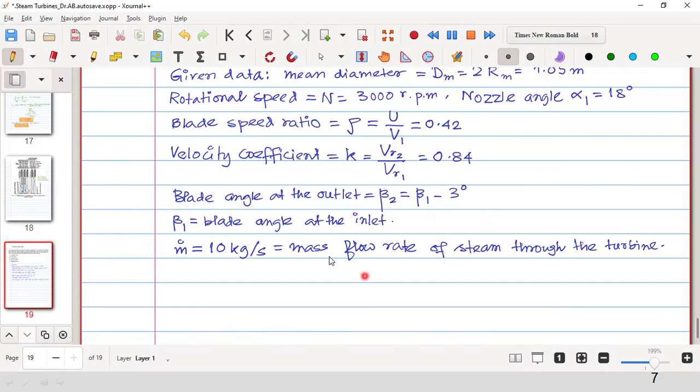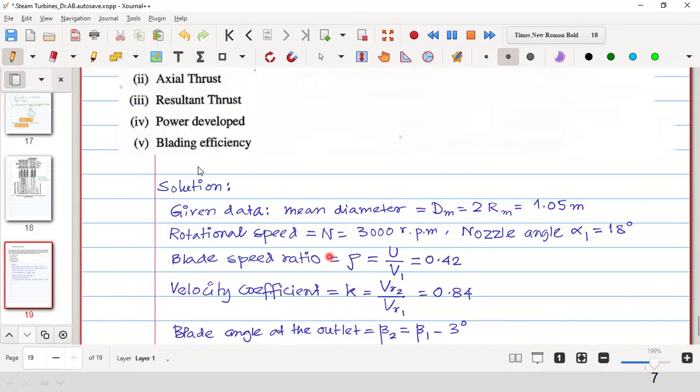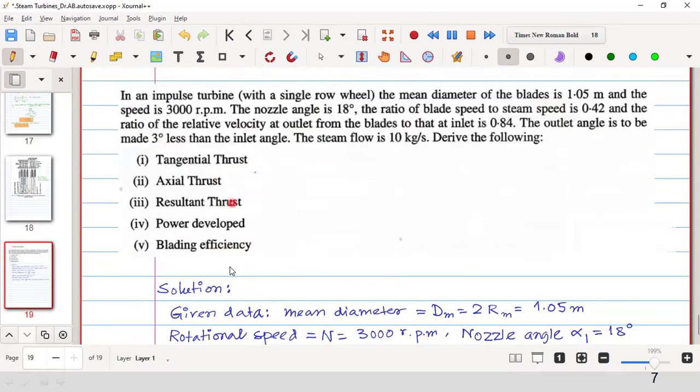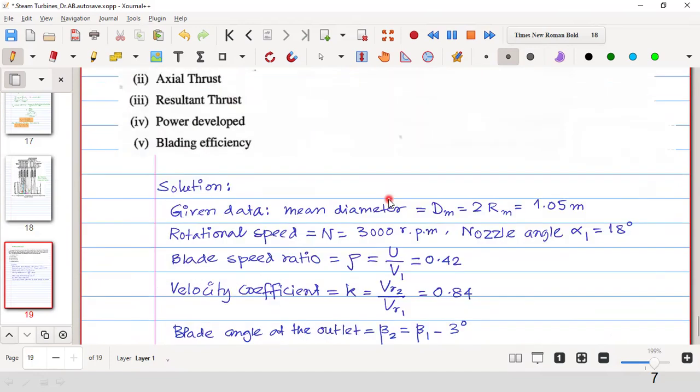Next, we will try to determine all these quantities: tangential thrust, axial thrust, etc. So what is the requirement from the point of view of calculation of all these?